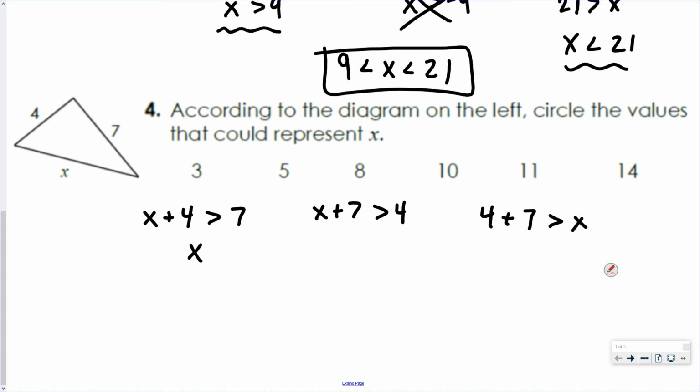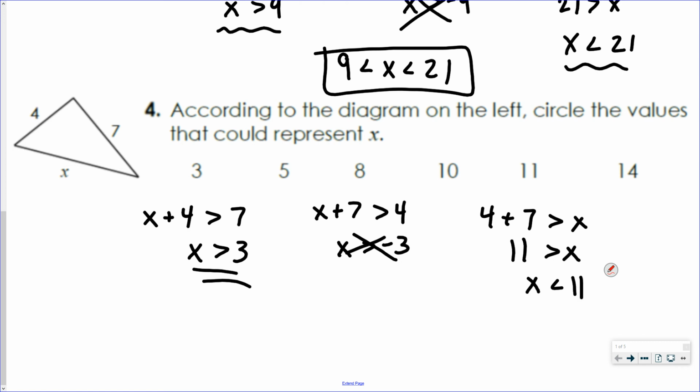And then we solve. So I already know for my first inequality that X has to be greater than 3. My second one tells me X has to be greater than negative 3. That's implied here. Okay. Here, X has to be less than 11.